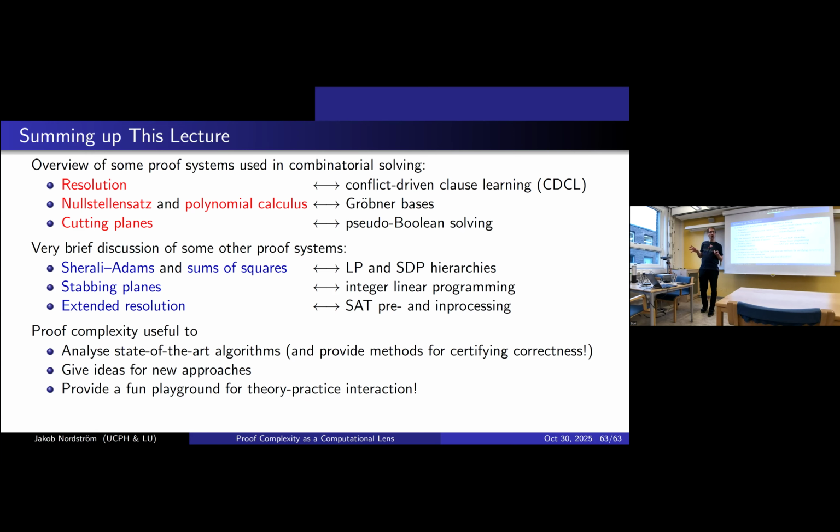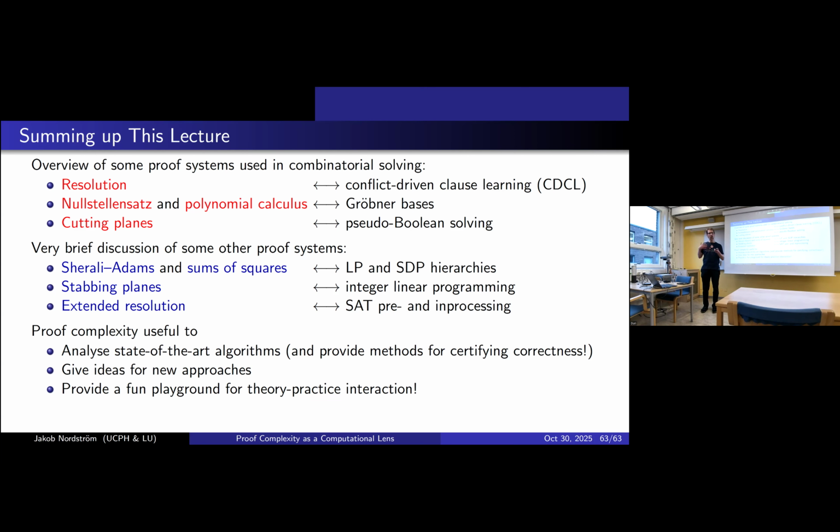Above all, I think our main excuse for doing proof complexity in this research group is just that, more than anything else, studying resolution, Nullstellensatz, polynomial calculus, cutting planes, and other proof systems gives rise to very, very nice mathematical problems.